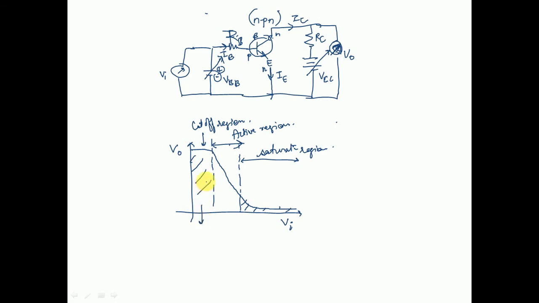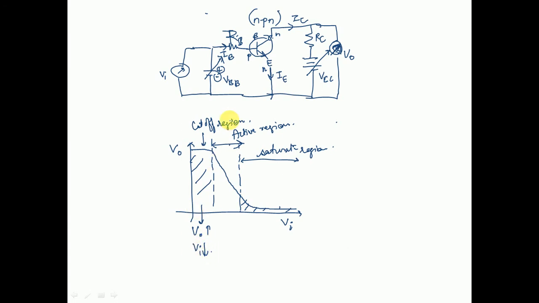In this particular region, the cutoff region, you can see that V0 is high and Vi is low. So the characteristics of this cutoff region are: V0 is high, Vi is low.